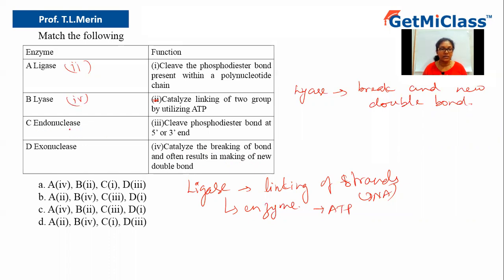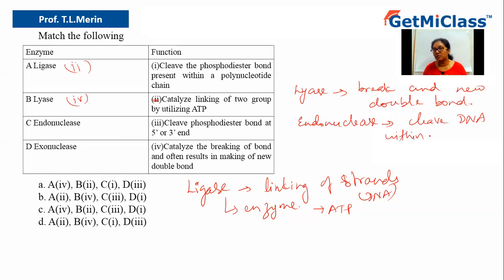Now the third one, that is C, says endonuclease. What do you mean by endonuclease? Wherever you read endo, you know that the meaning is inside or within. So this is a type of enzyme which has the capacity to cleave DNA within it.